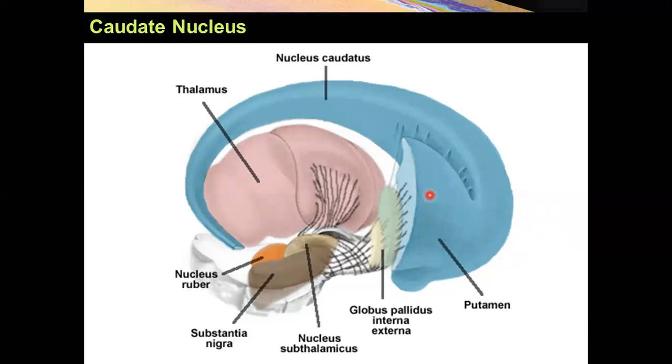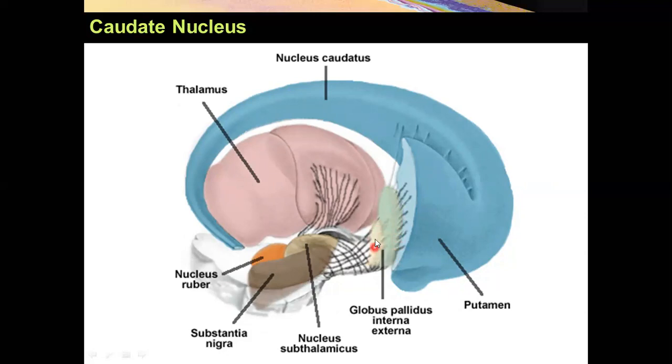Again, we see the caudate nucleus here. The body is in association with the putamen. The head of the caudate nucleus inferiorly continues with the putamen. Deep to the putamen, there is the lateral or external globus pallidus.